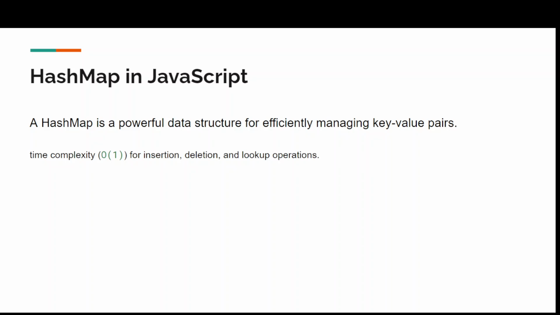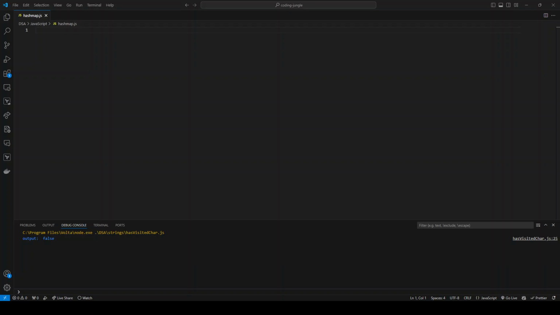So let's get to the code editor to see an example of how we can implement and use HashMap in JavaScript. So I have already created the sample file for the hash map, and let's start with implementing it.